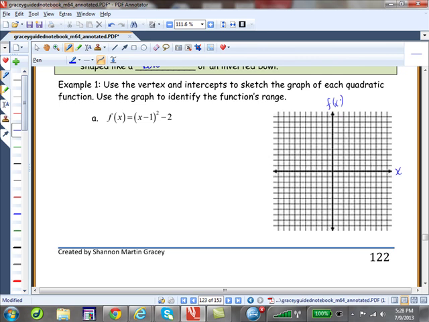First of all, is this going to open upward or downward? Let's identify a in this case. Do you see there's just a 1 in front? So a is equal to 1. 1 is greater than 0, so it opens upward.